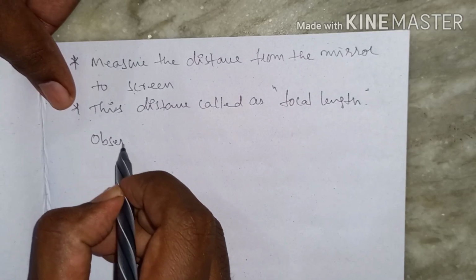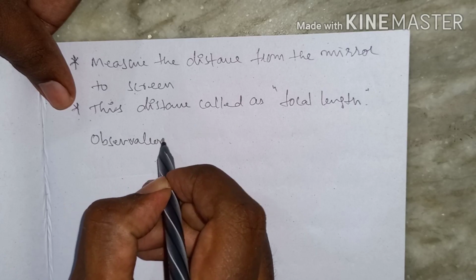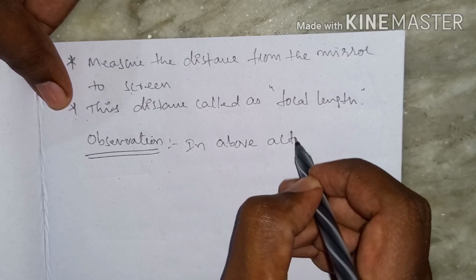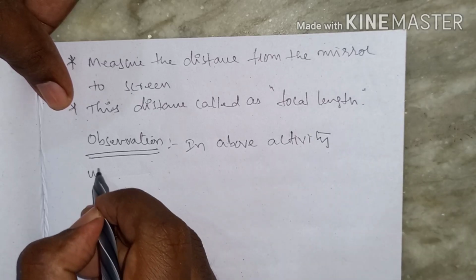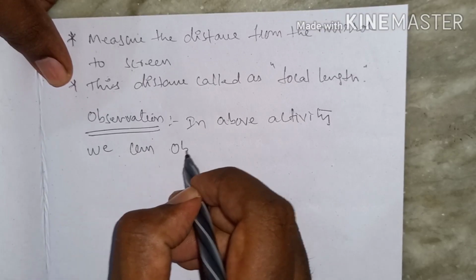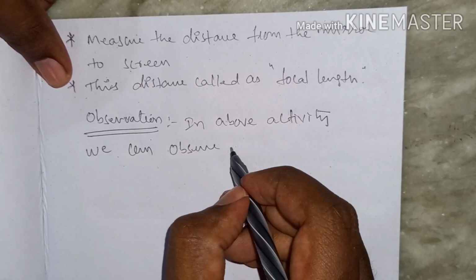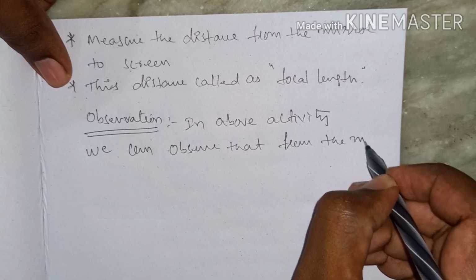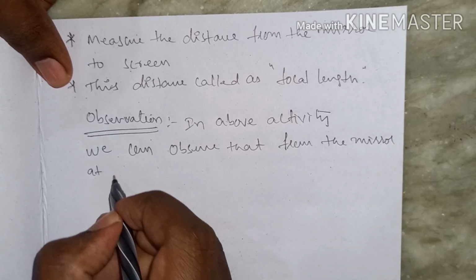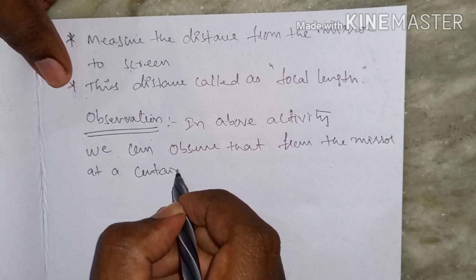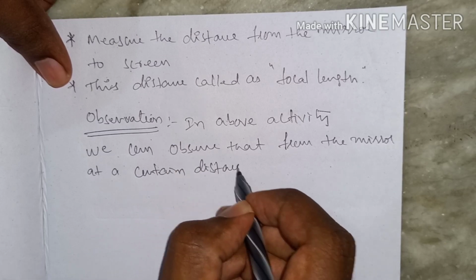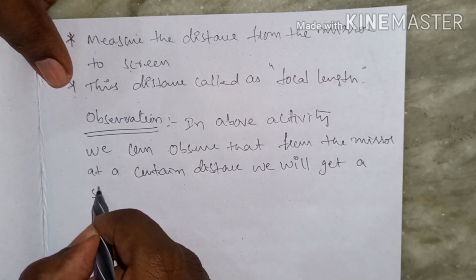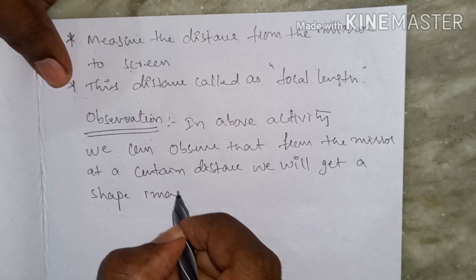Now, observation. What is the observation? In the above activity, what can we observe? We can observe that from the mirror at a certain distance we will get a sharp image.